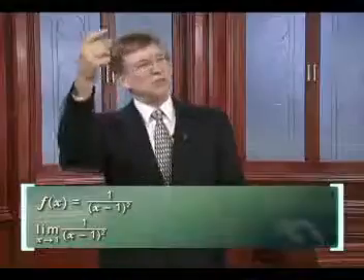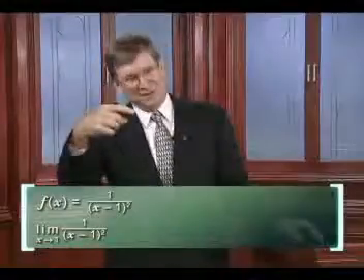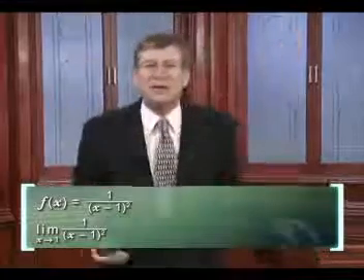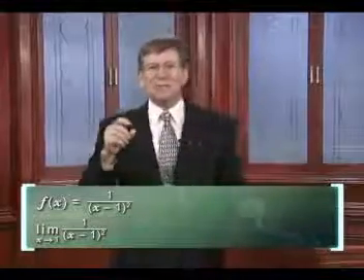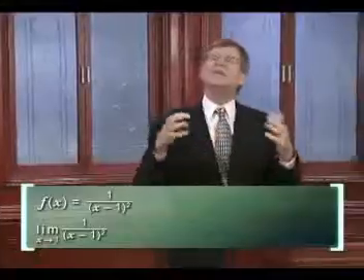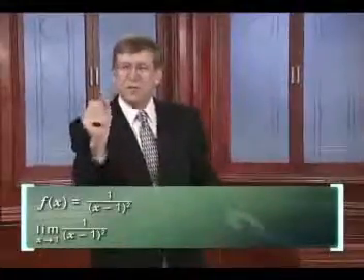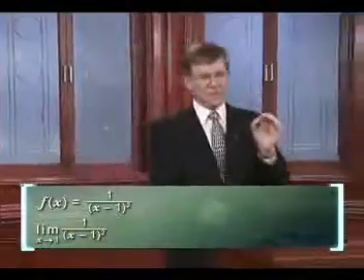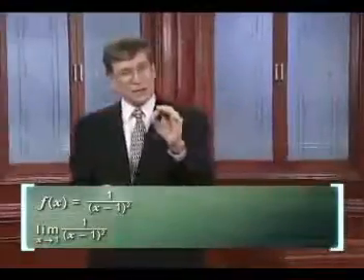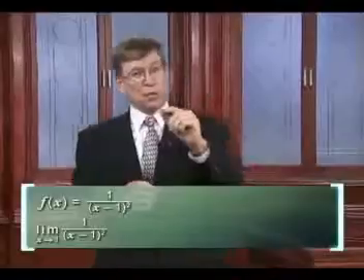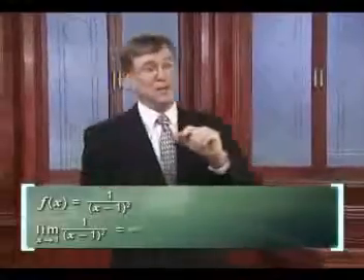And that means its reciprocal, 1 over x minus 1 squared, is blowing up. It's getting larger and larger, isn't it? So 1 over x minus 1 squared is a large positive number when x is very close to 1. So we say that the limit, as x approaches 1, of 1 over x minus 1 squared equals infinity.